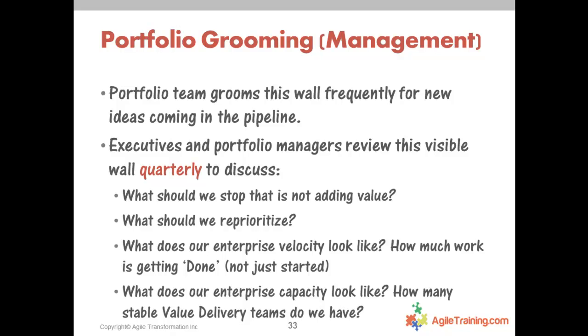If your WIP limit is high, if you've got 25, 30, 40, 100 projects all in progress, that actually shows you that you have a lot of waste, because it means that you're not focusing on getting stuff done. You're focusing on starting more initiatives than you are on completing them. I would love to go into a long discussion about capacity planning, but that will be for another webinar.